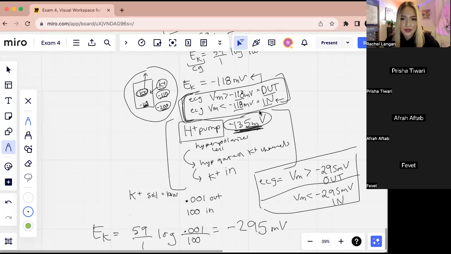It no longer wants to move in at that value, right? Because negative 135 is a more positive number. It's a greater number than negative 295. Potassium actually wants to move out.